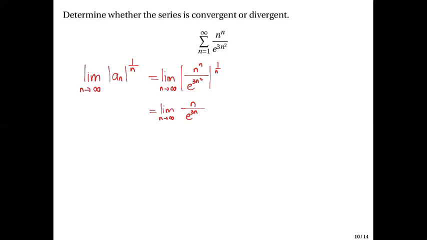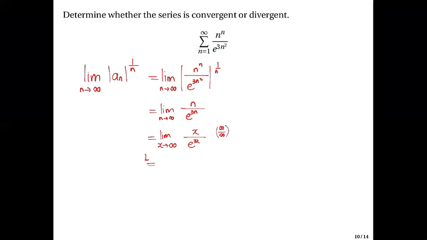Okay? And then, let's do the L'Hopital's rule. So, let's do the formal computation here. We replace n by x. Okay? So, limit as x approaches plus infinity of x over e to the 3x. And this is infinity over infinity.